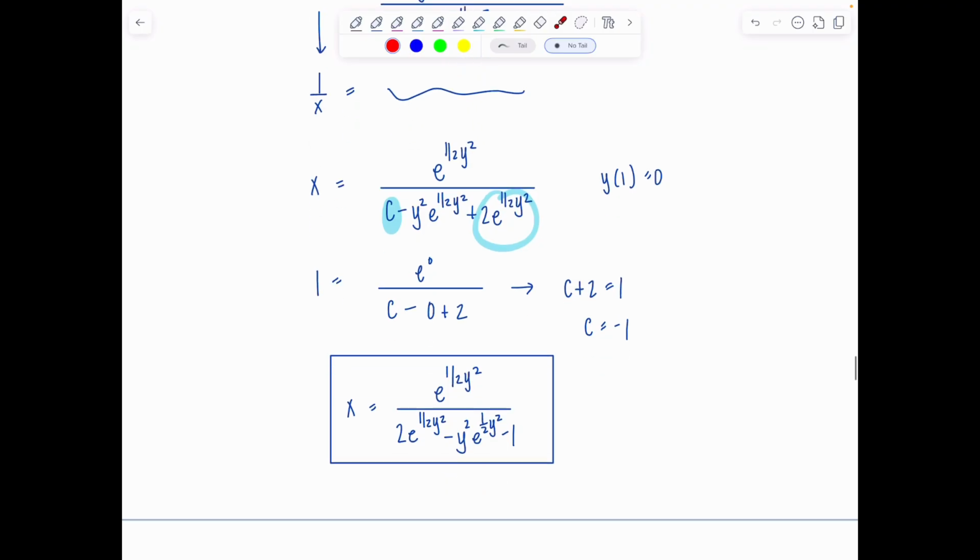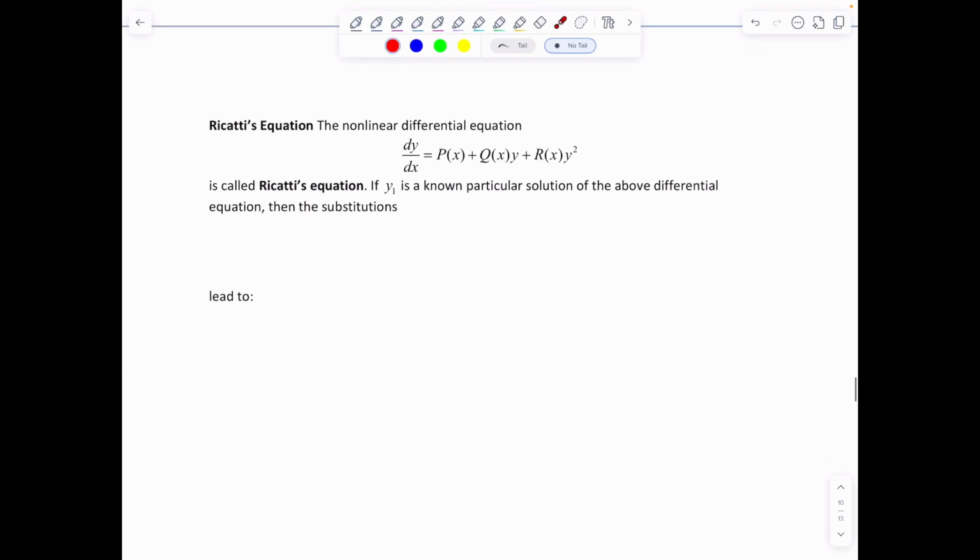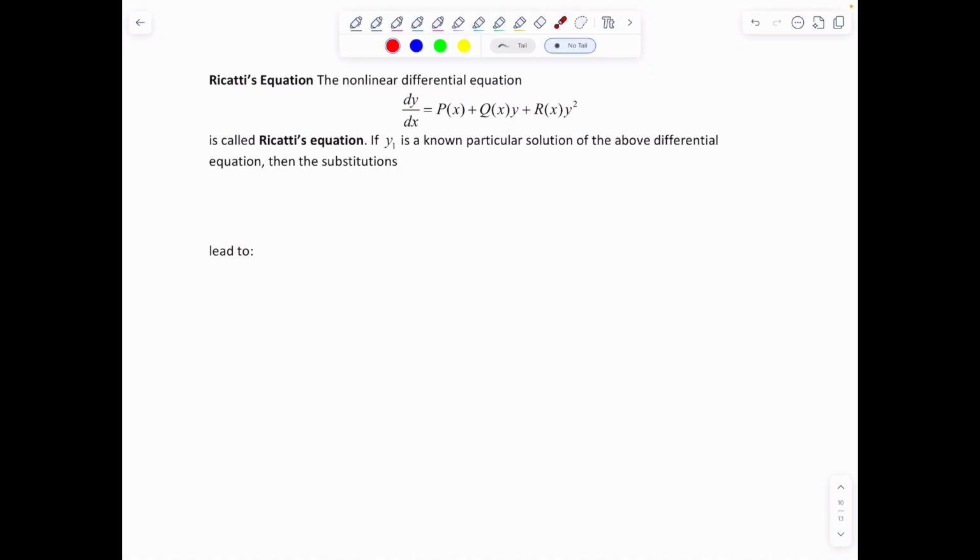Now we're going to talk about one other kind, Riccati's equation. The non-linear differential equation which has the following form, dy/dx equals p(x) plus q(x) times y plus r(x) times y squared, is called Riccati's equation. Now here's the thing. You have to be given a known particular solution for the above differential equation.